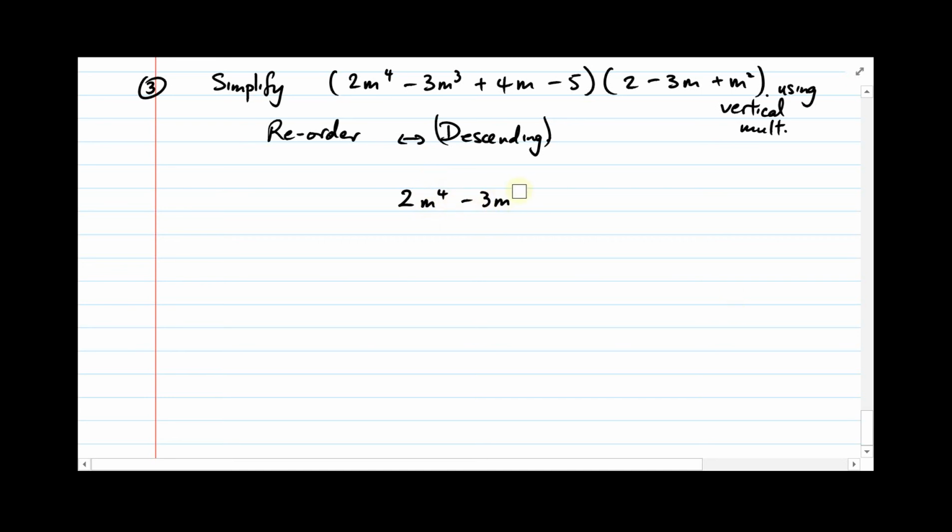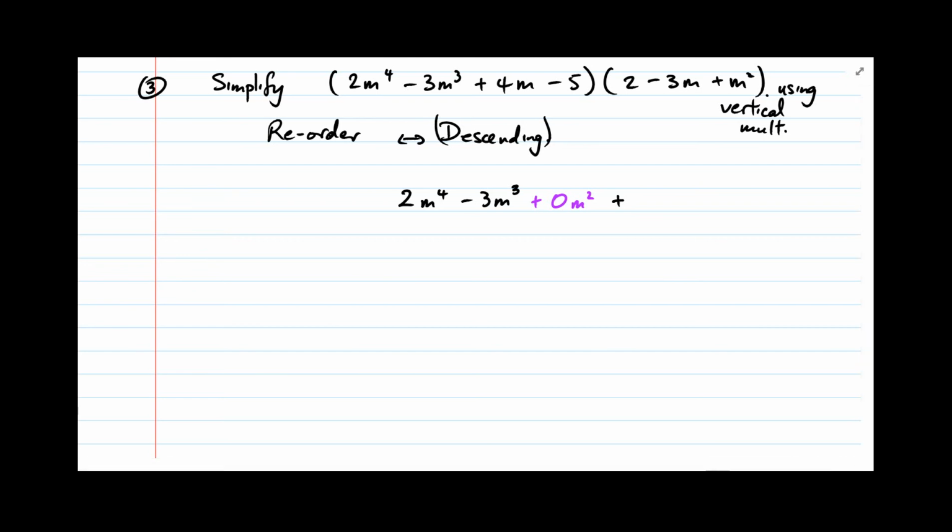Notice that there's a term missing, or a power that's missing. 4, 3, I might end up with a square, so I'm going to leave that blank. Or later on, if you wish, you can put in a 0 in there. You'll see why, particularly when we go on to division, this will become a bit more important. So if you want to put a 0m squared, it's up to you, but it's optional.